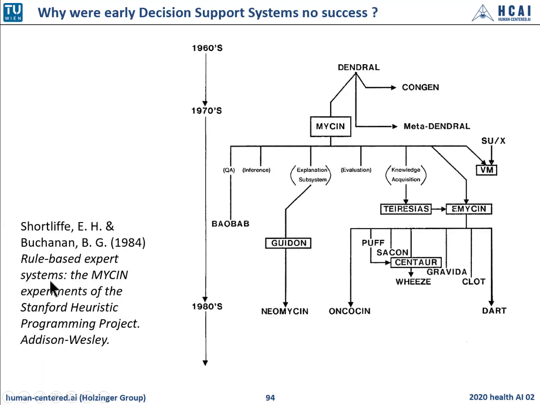Okay, so why were early decision support systems no success? So here you see the timeline. In 1965, Feigenbaum, Lederberg, and Buchanan began the work on Dendral, and then it was the doctoral thesis of Shortliffe, these Mycin systems, and Mycin was actually the father of all future decision support systems, and it was no success because it was not accepted in the clinical domain.